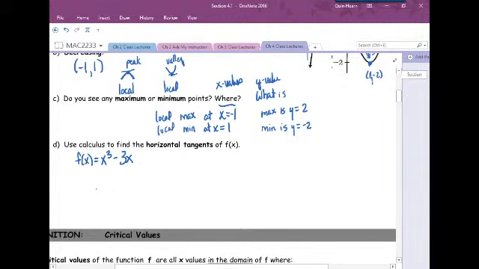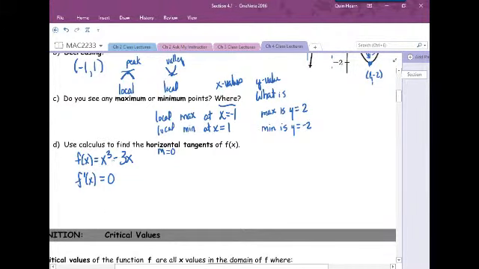How do we find horizontal tangent lines? So remember, the slope of the tangent line is the value of the derivative at the given point. And a horizontal tangent line has a slope of 0. So we're looking for exactly where f prime of x, the slope, is equal to 0.